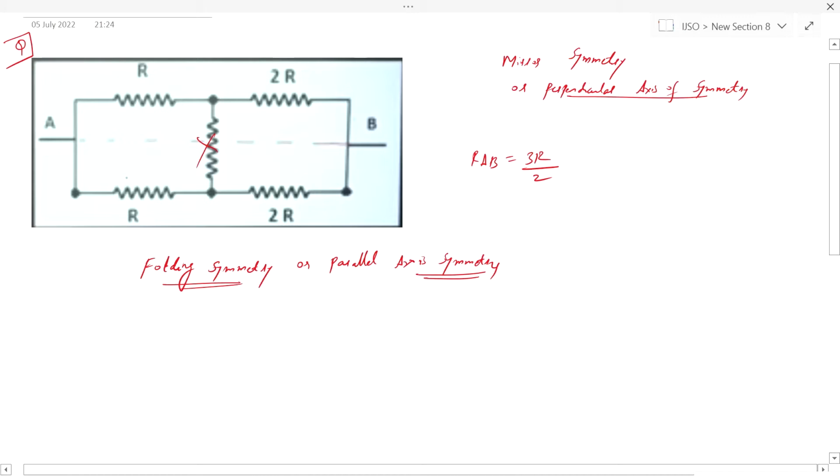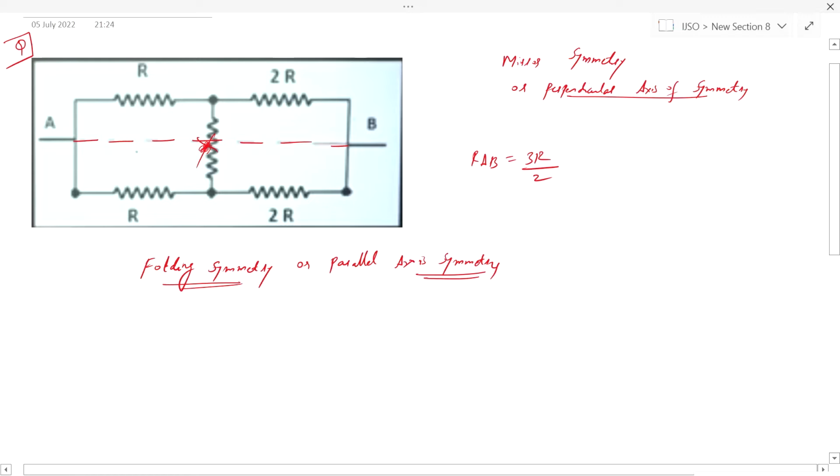So now in folding symmetry, instead of considering a line over here, we consider a line over here. Now pay attention. Now this resistance is there, so this is not eliminated.